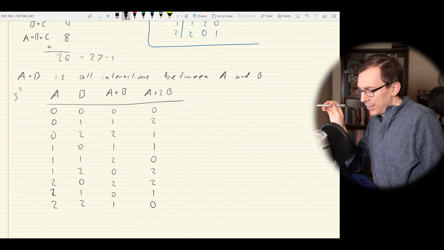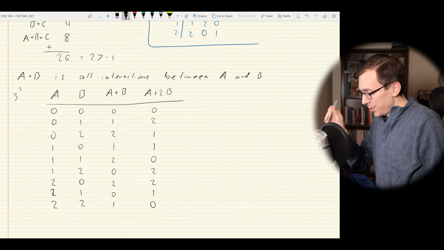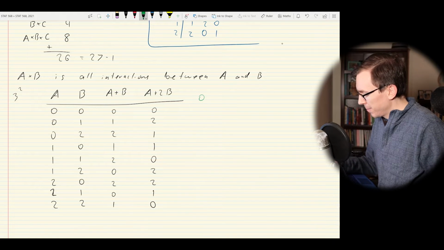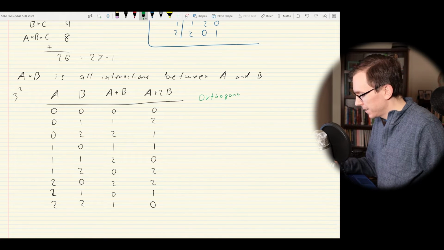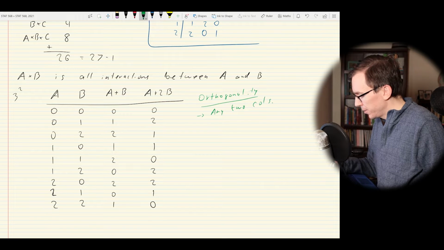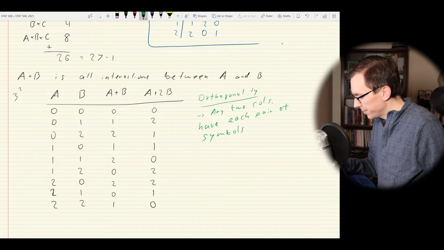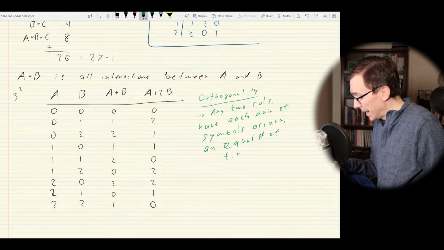Now you can check that for any two columns we should still have orthogonality, which means any two columns have each pair of symbols occurring an equal number of times.